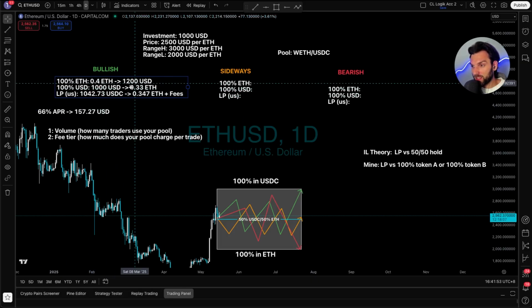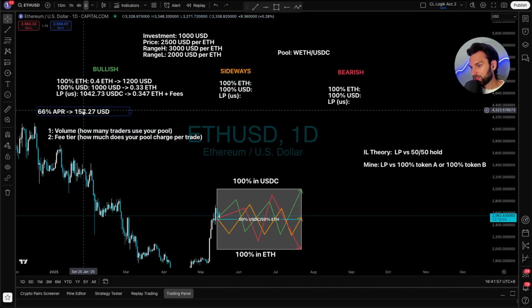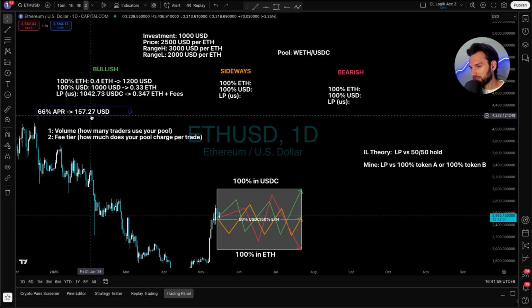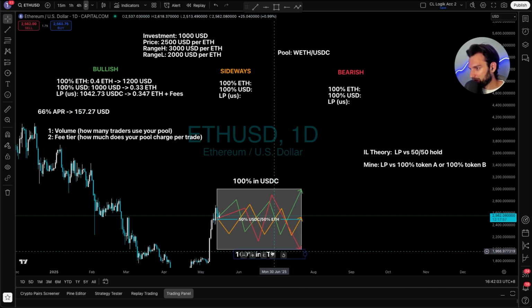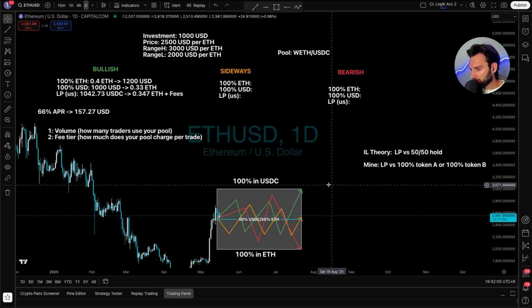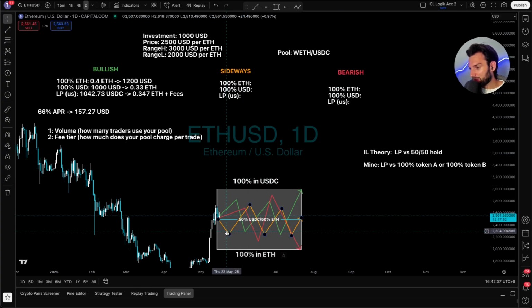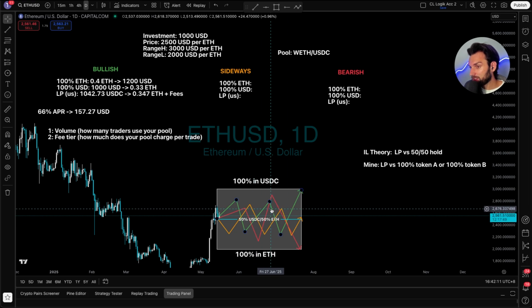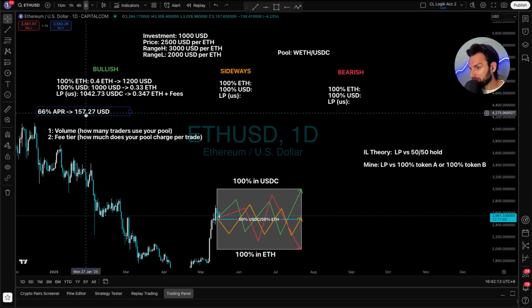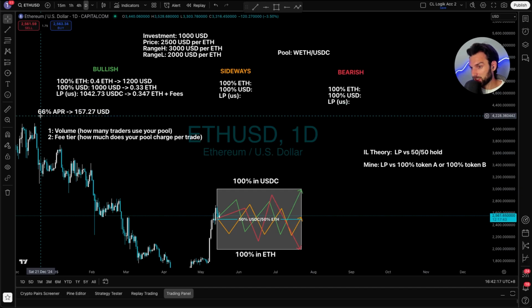But how can we beat even the best choice? Well, in that liquidity pool, we would need to generate $157.27 in that range, right? In that time period. So how long does the price of ETH need to stay in that liquidity pool to generate $157.27 at 66% APR? Well, let's see.